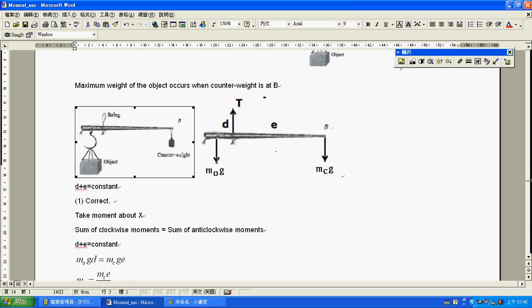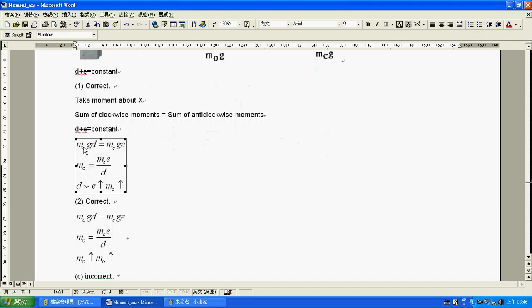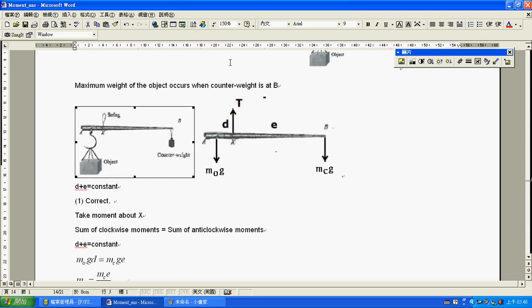But those two weights are independent of T because they're governed by this equation. So even if you increase the length, the tension remains the same. Now until next movie.